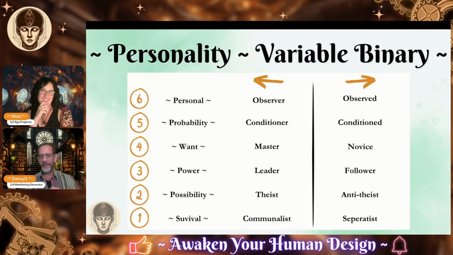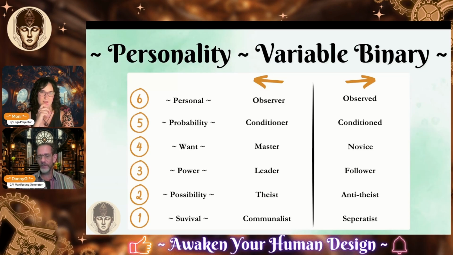As we get into each line, we talk about survival and power and possibilities and want, and we're going to see these things: the master, the novice, the communalist, the separatist. An interesting thing for you to notice is that everyone here will be able to see they're on a trajectory. The first half of your life, between 40 and 45, you are always the opposite of what your arrow indicates, moving towards the second half of your life, and certainly after Chiron, toward what the variable actually says it is.